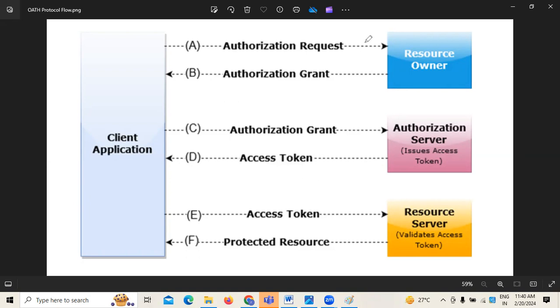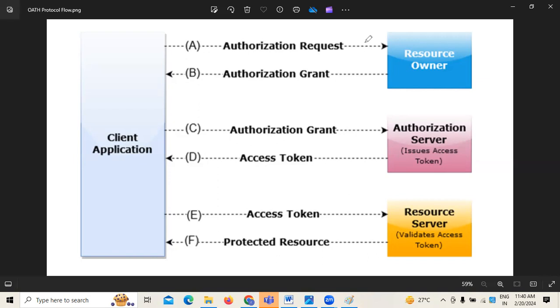Of course, I'll discuss what all the grant types are later, and explain the different grant types once this is done. So again, the authorization grant types can be authorization code, implicit, client credentials, or resource owner password credentials. Generally, we use them here.